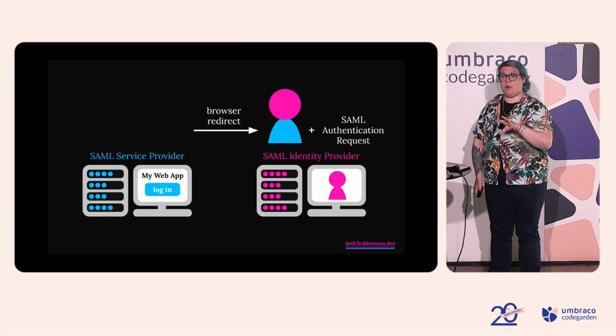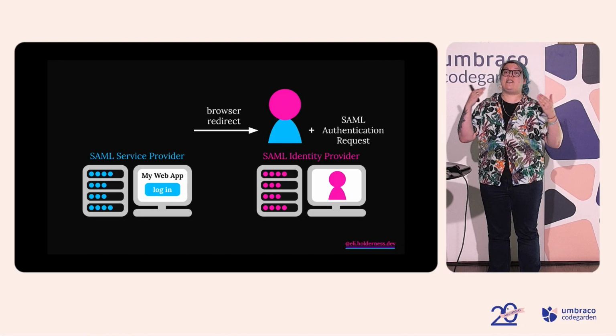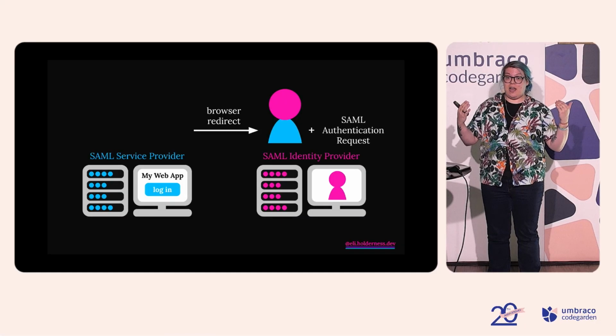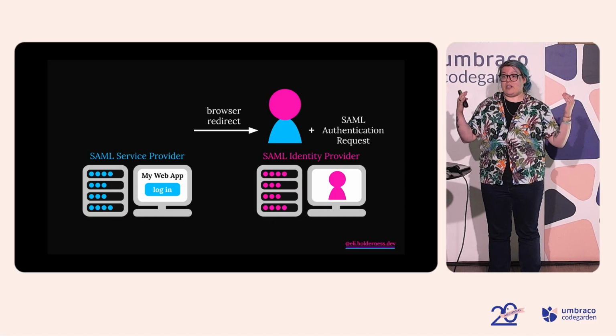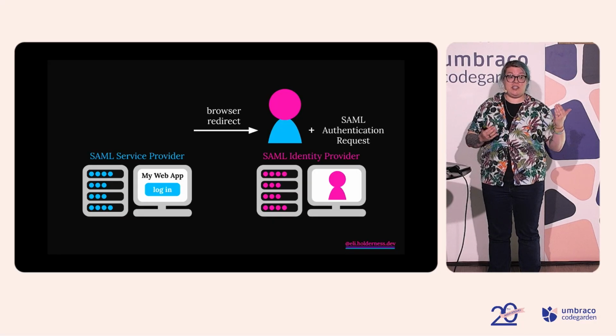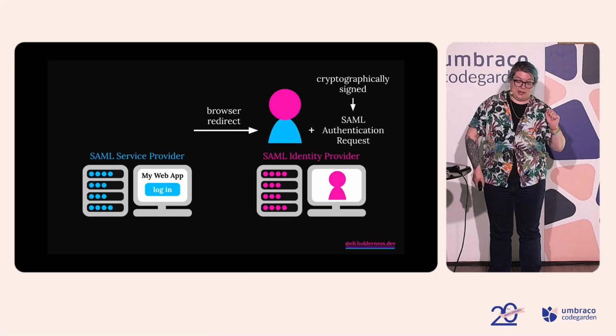An authentication request. And before this is able to happen, the service provider and the identity provider have needed to set up a relationship between them. Part of that is exchanging SSL certificates, essentially, so that they can use public key cryptography to verify their identity with each other. So this authentication request is cryptographically signed. This will be relevant later.